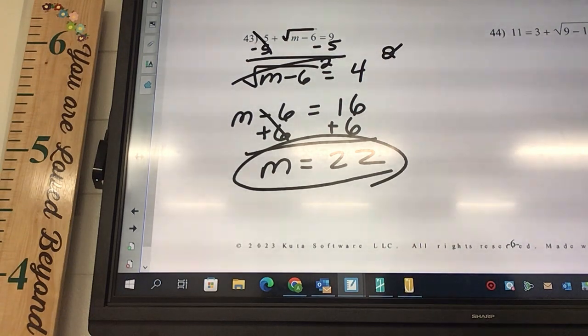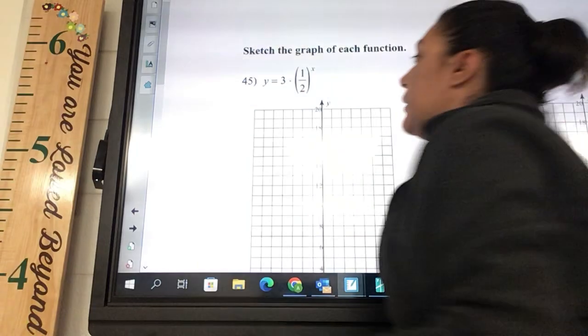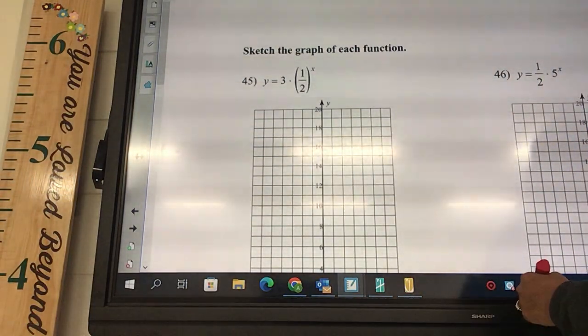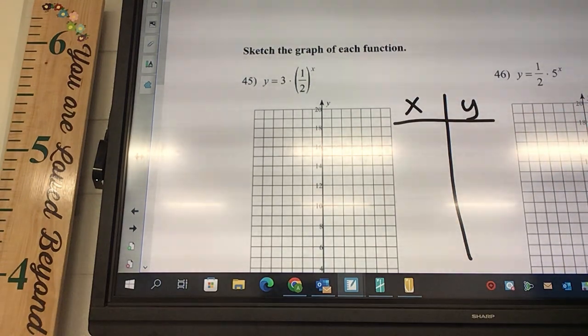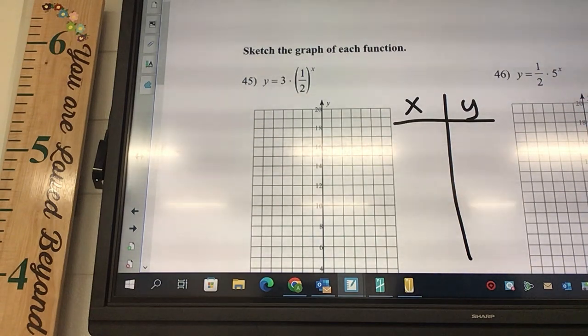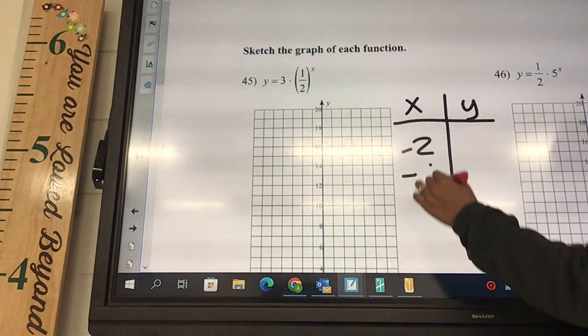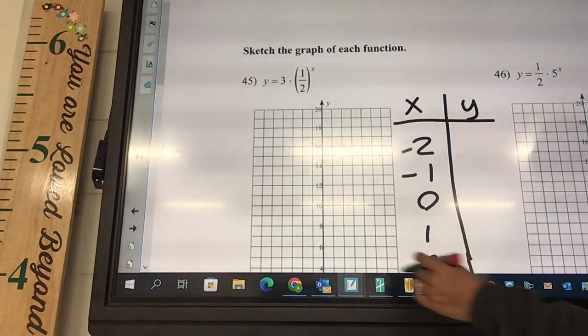Okay, the next one on here is graphing exponentials. So we're going to make our chart. And then who remembers what numbers we are plugging in? Good. -2, -1, 0, 1, and 2.